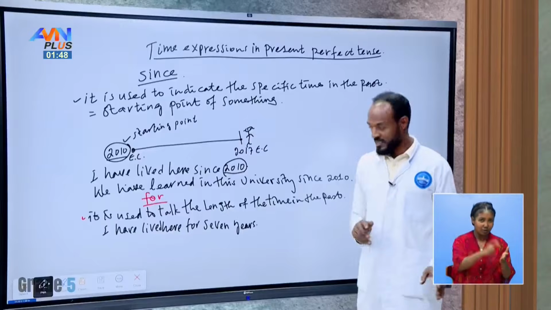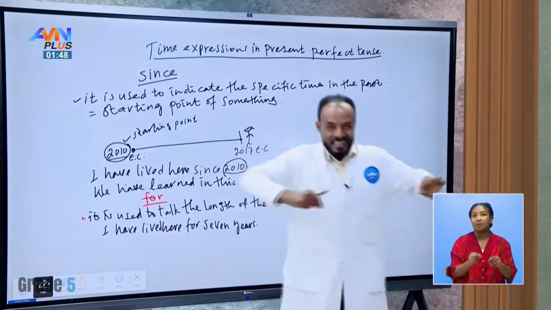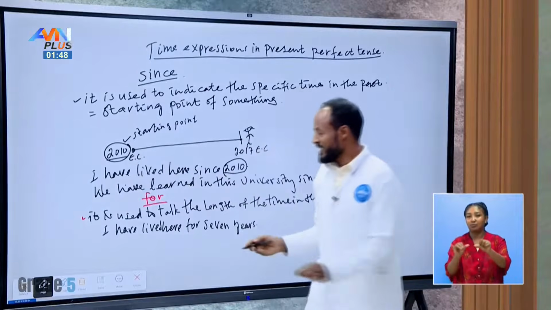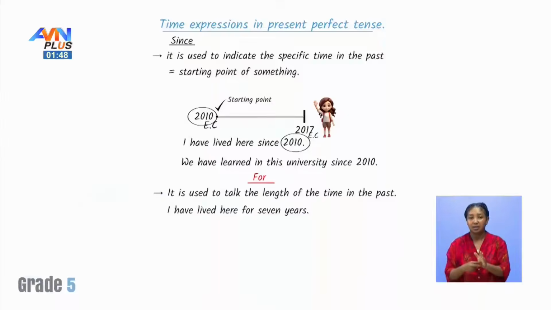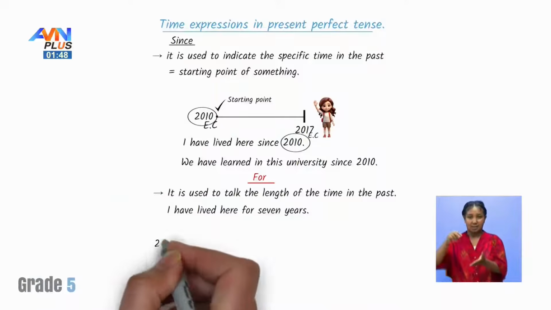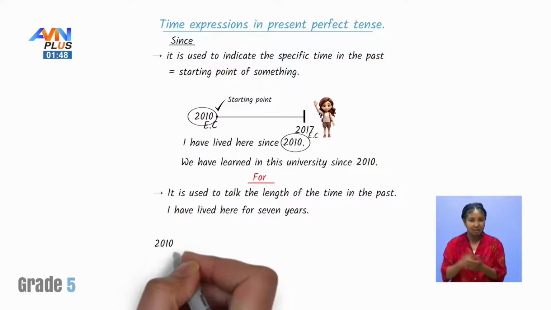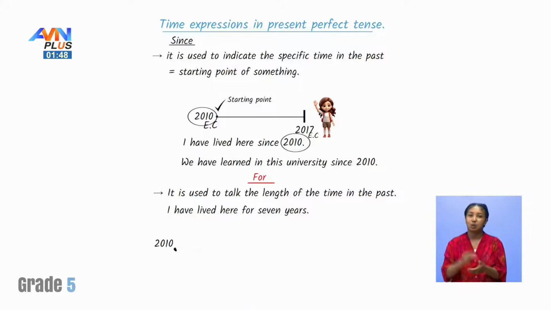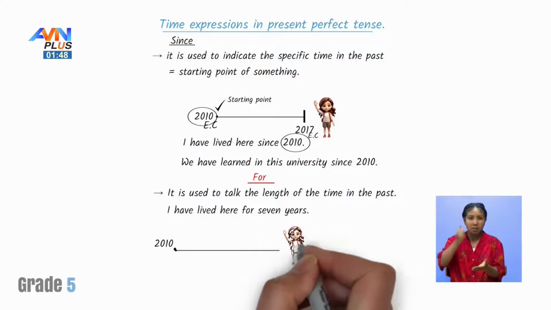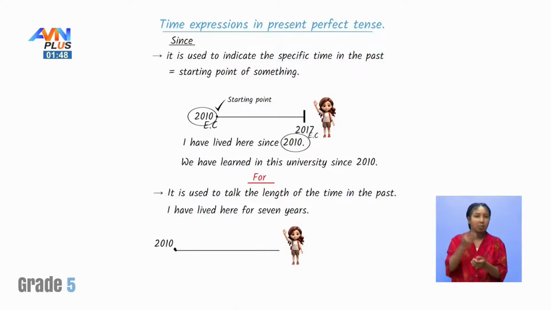Look at the difference. This one, the length of the time. This means just somebody is standing around here. Okay? We're talking about 2010. Then, if you are standing here, you can mention, look at here. We can count the gap between these concepts.